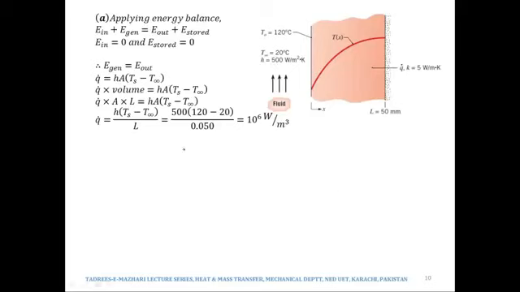Starting with the energy balance: E in plus E generated is E out plus E stored. Now in here you will first try to find E in, meaning energy going into this wall, and there are two faces. This is one face and this is the other face.